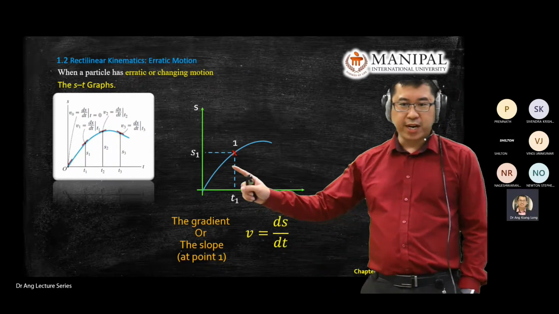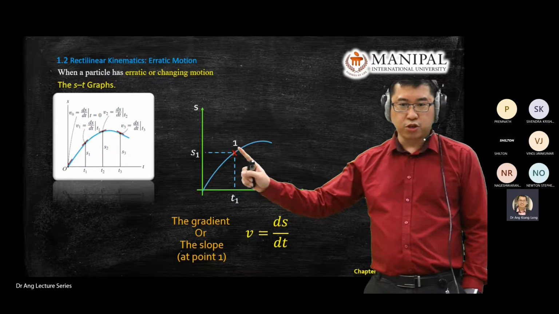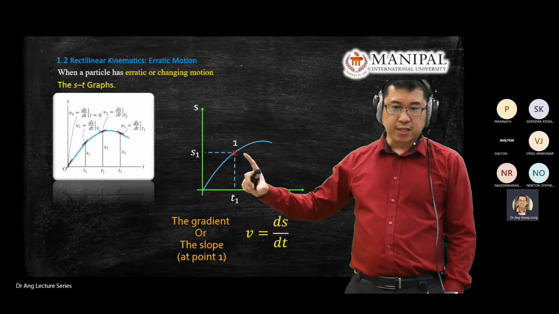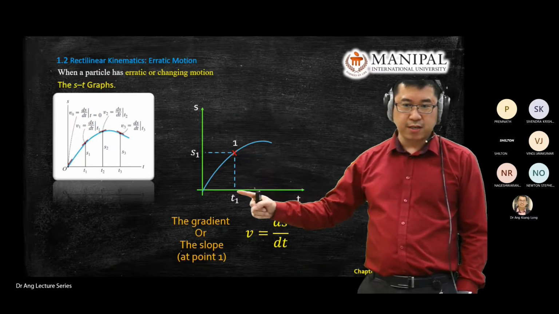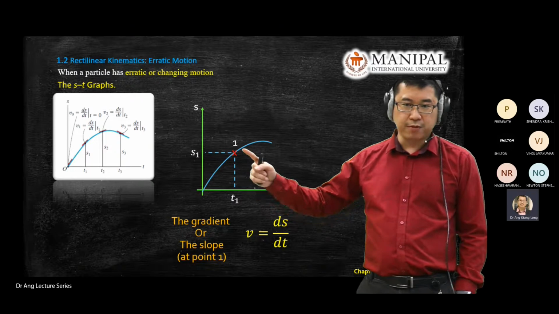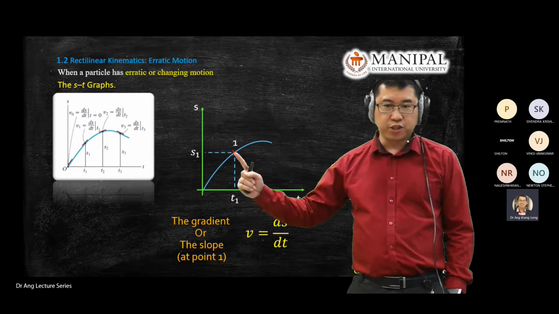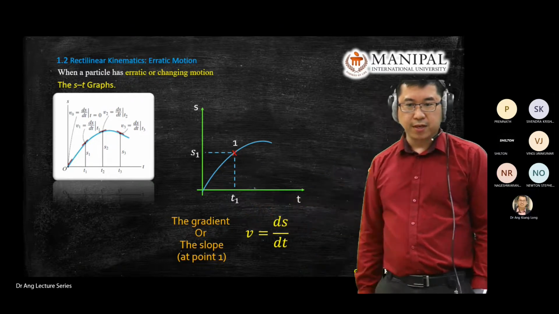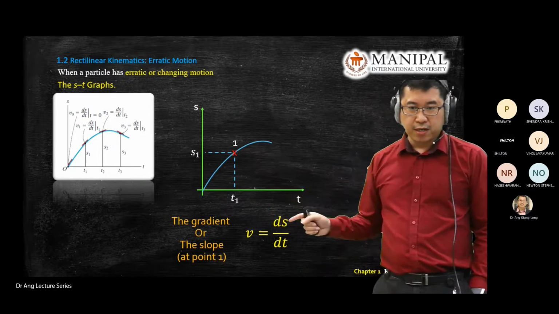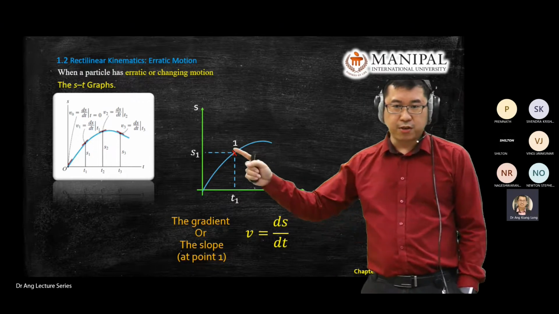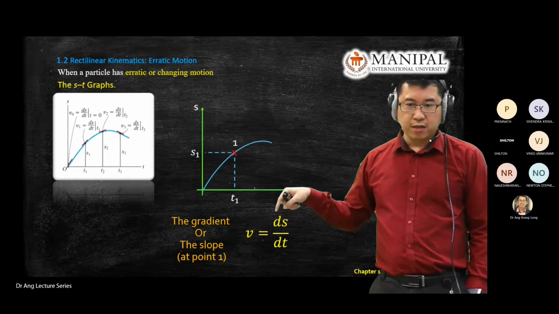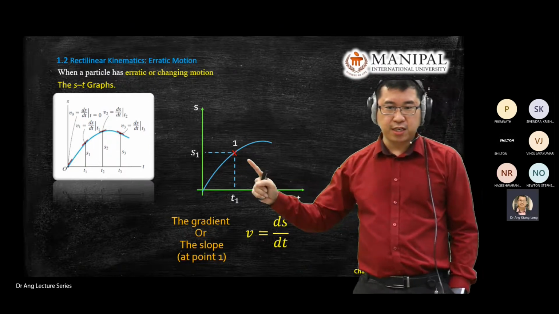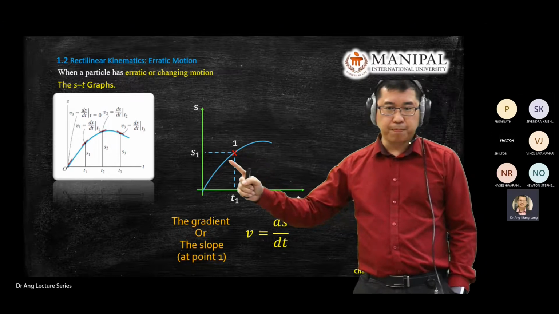To find the gradient at this point, you take ds, which is here to here, the change of the displacement divided by the change of time from this point to this point. This is the slope, or differentiation equation, ds over dt, to find the slope at this particular point.